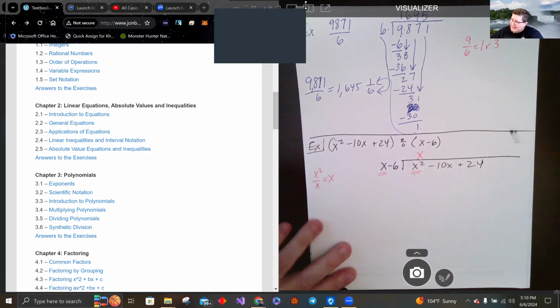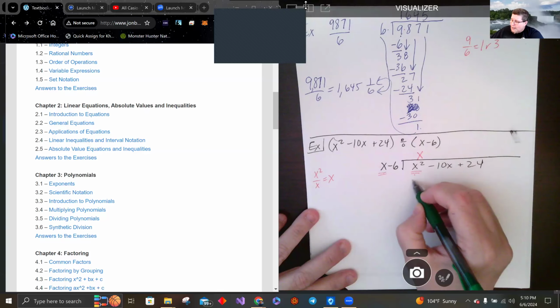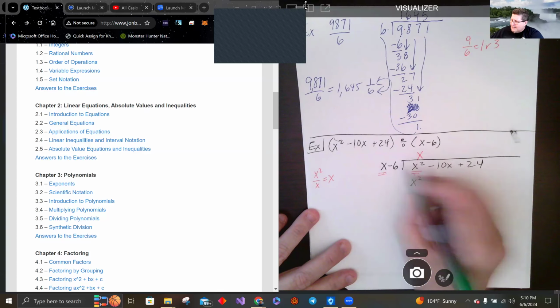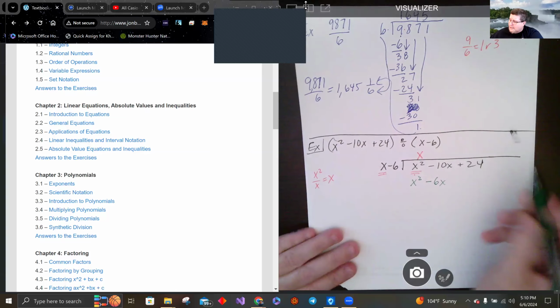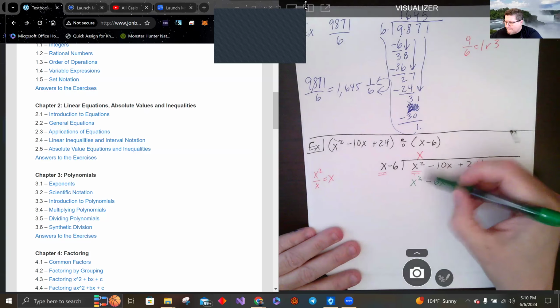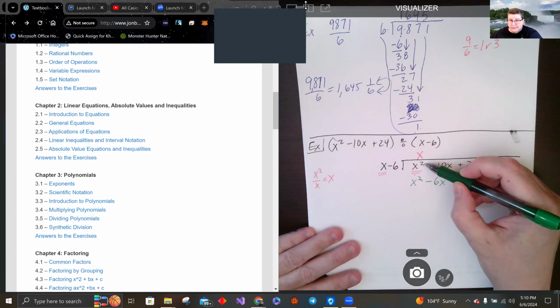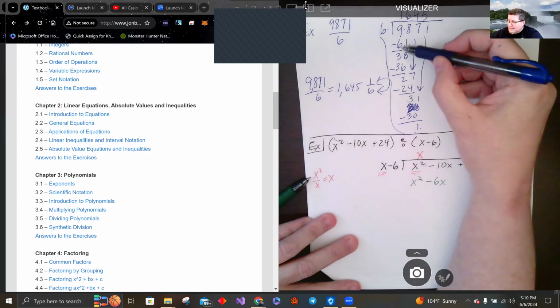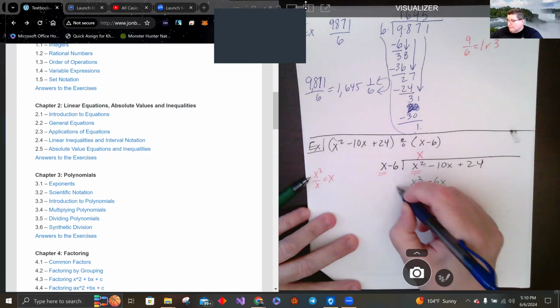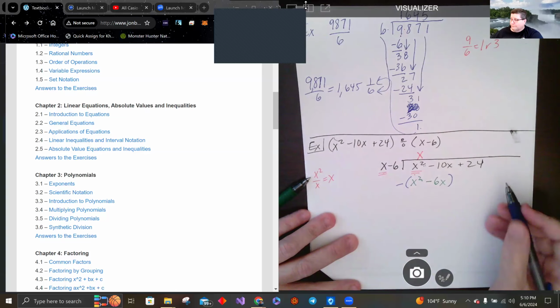X times x is x squared. X times negative 6 is negative 6x. These match up perfectly. Now that we've done that, we subtract.